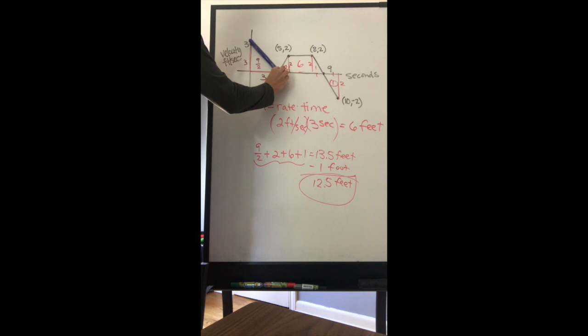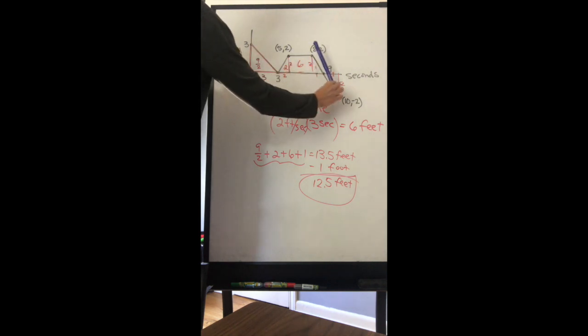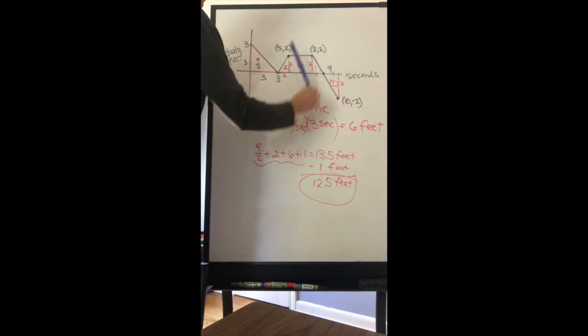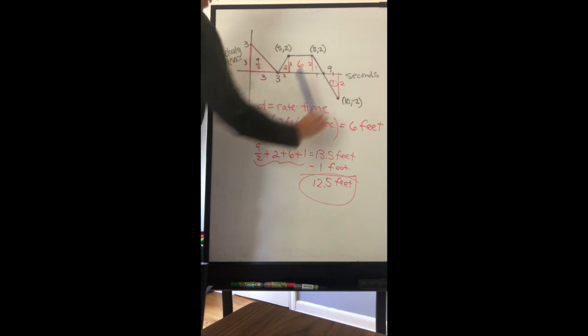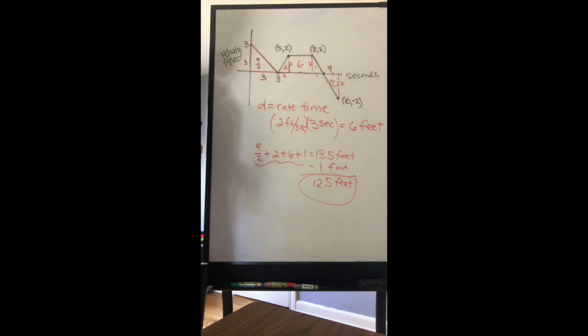Her acceleration here would be -1 foot per second squared. Versus over here, from 8 to 10 seconds, what's Romy's acceleration? Well, I'm going down 2 over 1, -2 feet per second squared. That is a lot of calculus.